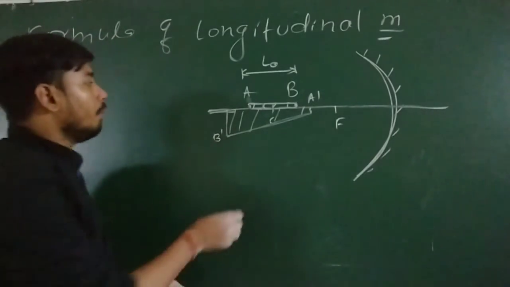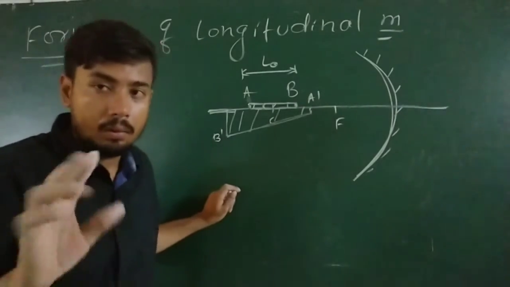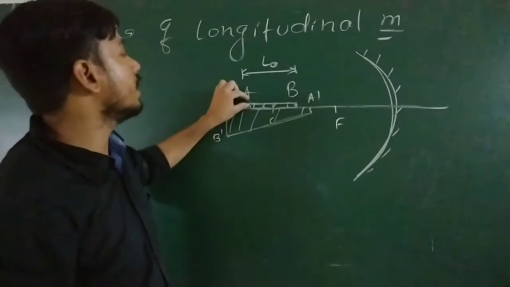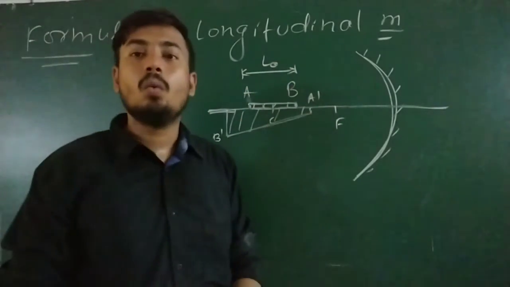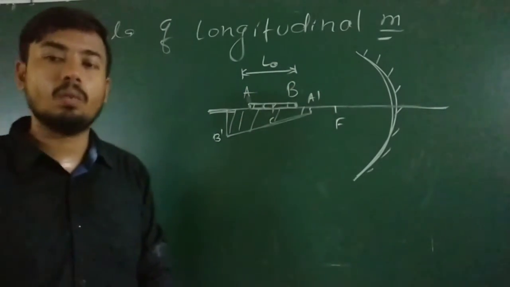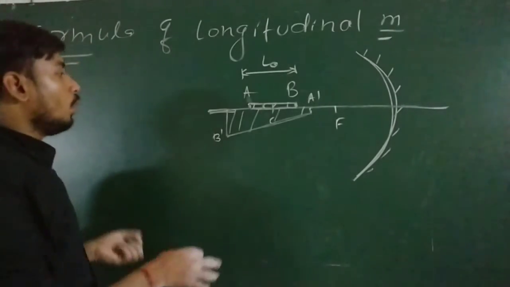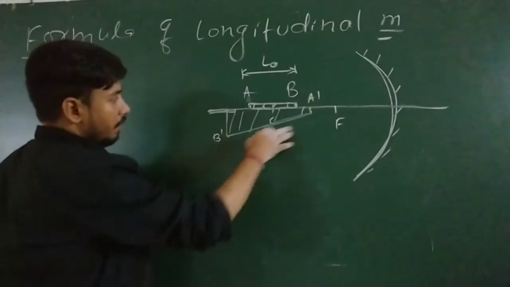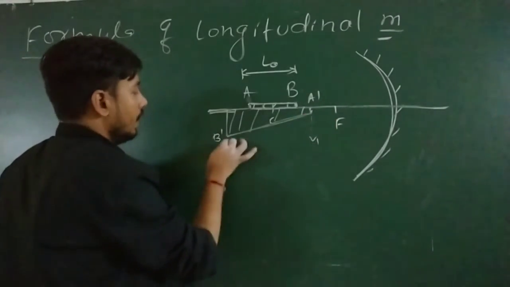So this becomes the image. But right now we are not going to find this height ratio. I assume here the object has one dimension, only length. Getting my points? So for this total object, what is this image distance? Suppose this is V1 and this is V2.